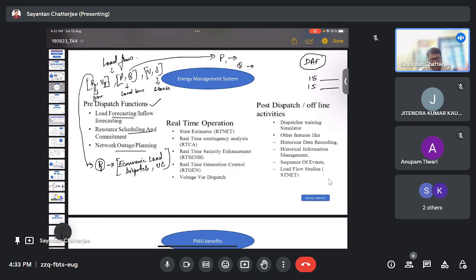Although it's considered quasi-static in nature, it is a general consideration that for a 15 minutes slab the loads do change. So this PG is obtained from this economic load dispatch exercise, unit commitment exercise. For a 15 minutes slab, suppose their load has to be made 400, sorry, not 400, it's quite high.